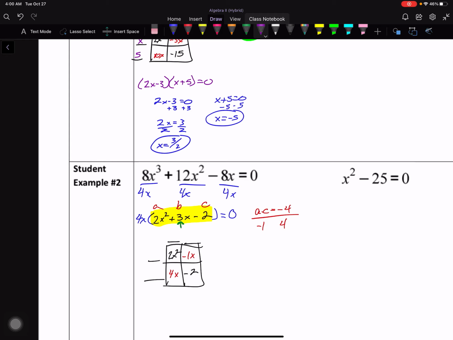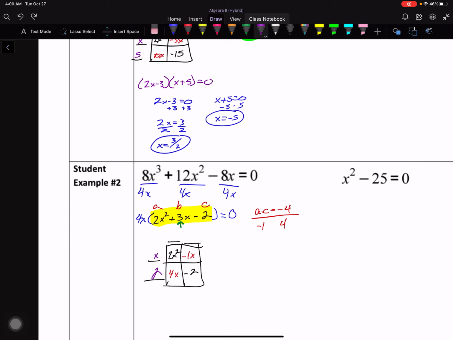All right, along the top row here, 2x squared and -1x, they just have an x in common. 4x and -2, bottom row here, they are both divisible by 2. Up the left column, we have 2x squared and 4x.